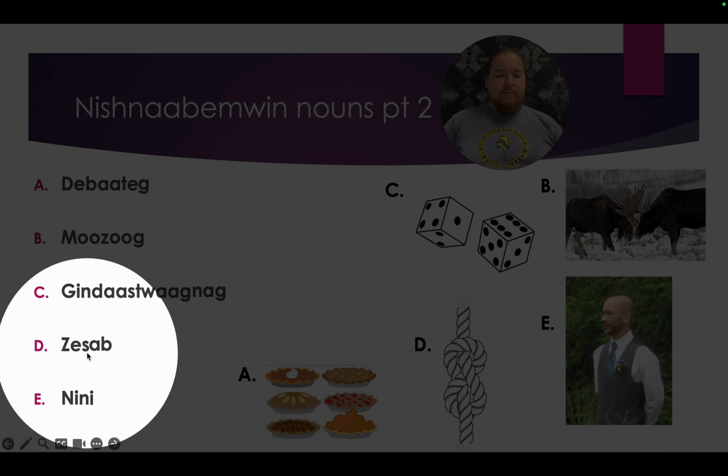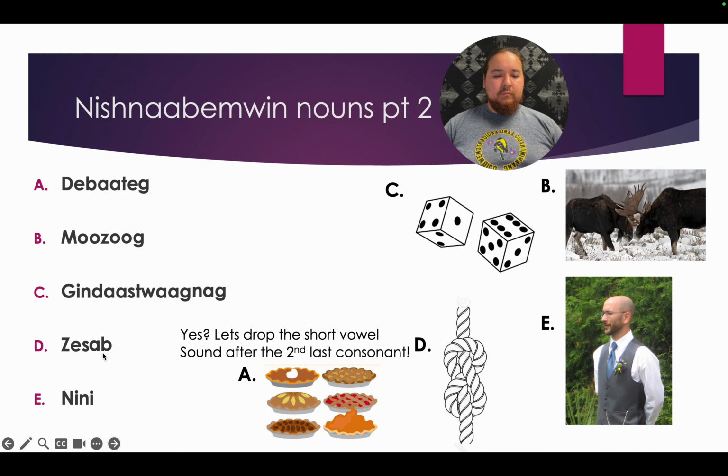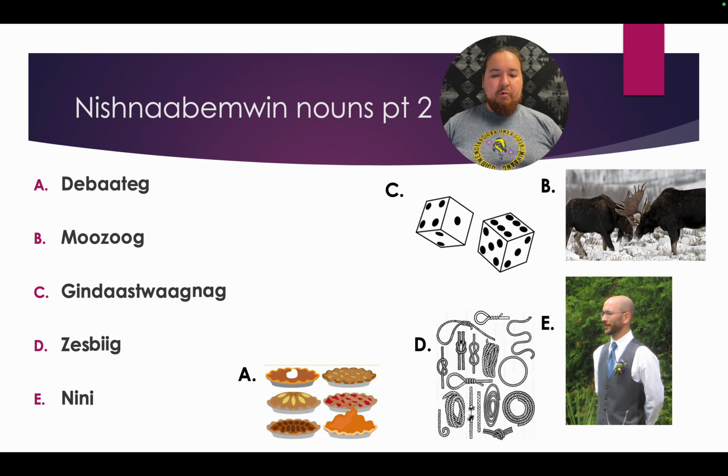So our second last is S, and it has a vowel sound in front, short one after. So we've got to get rid of the short vowel sound. And it has the Y suffix connector, so we have to keep that in mind when we add AG, which turns it into an IIG suffix. So zesbeek is our word for ropes. So that's how we go from zesub to zesbeek.